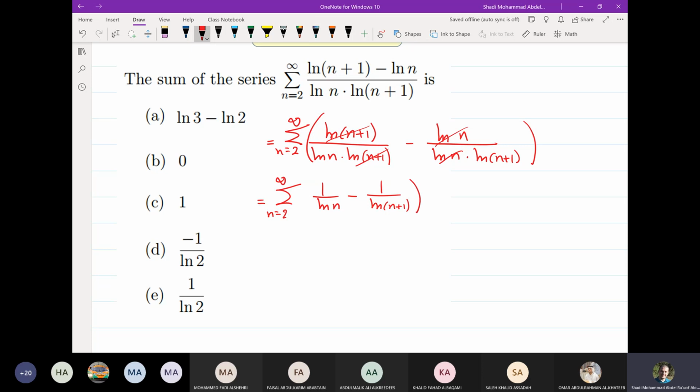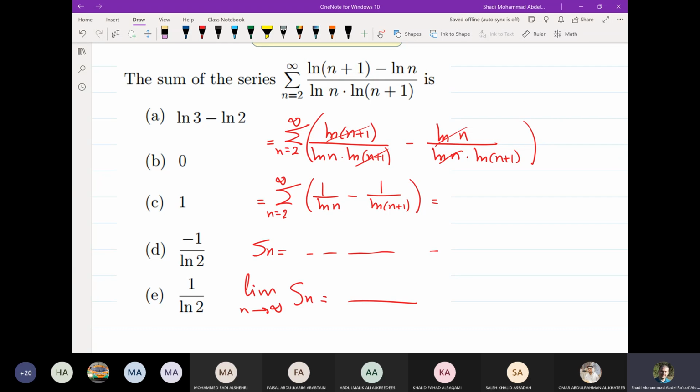Now let's go back to the standard form of the telescoping series. Find Sn, and so on, then find the limit as n goes to infinity of Sn. You will find the solution. So what is the trick? Just to split it. That's just the first step. This is the trick in this question.